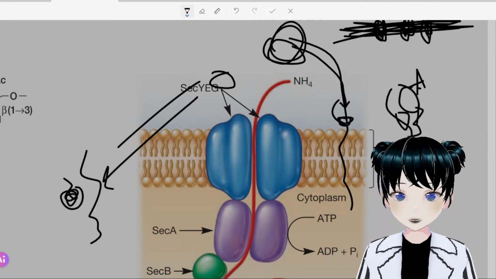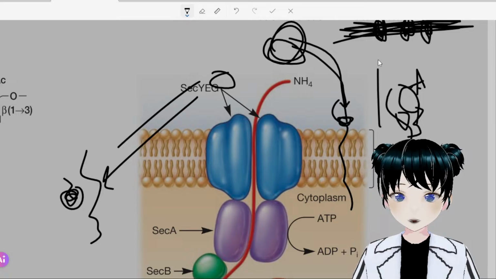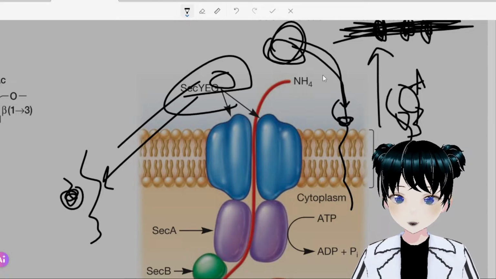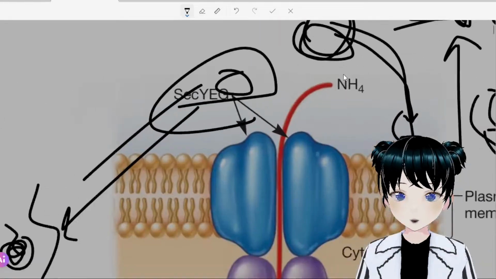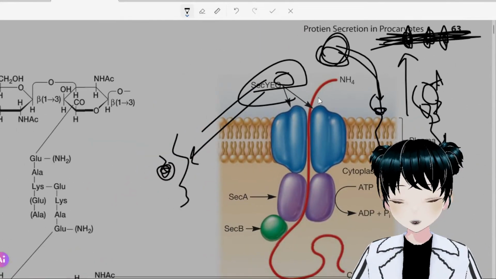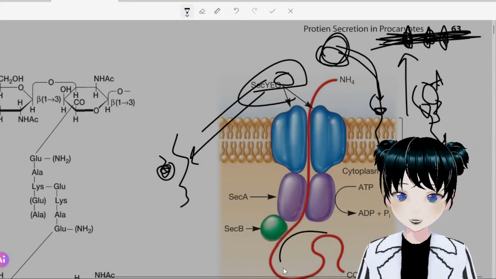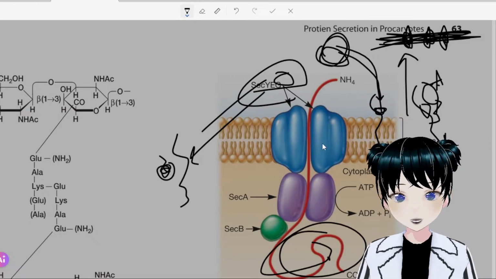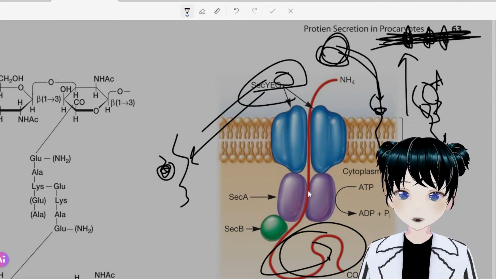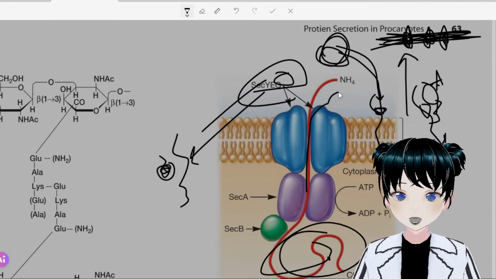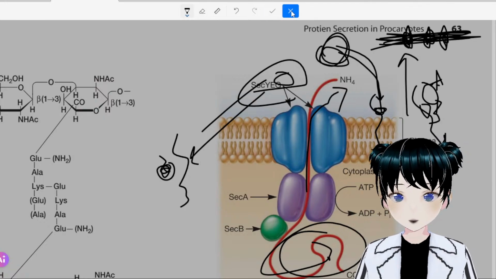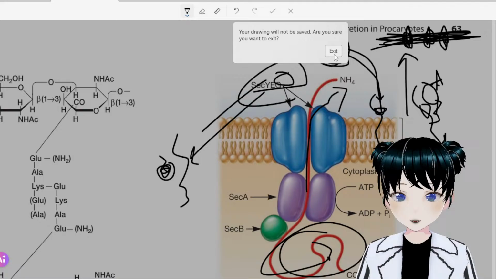So wherever it is in the cell, Sec-A goes straight towards the SecYEG complex proteins, okay? After it goes there, as you can see, this amino acid chain was first at this side, and after binding with SecYEG, it is moving outside of the plasma membrane. I hope you get what I was saying, right? So this is generally the SecYEG pathway.